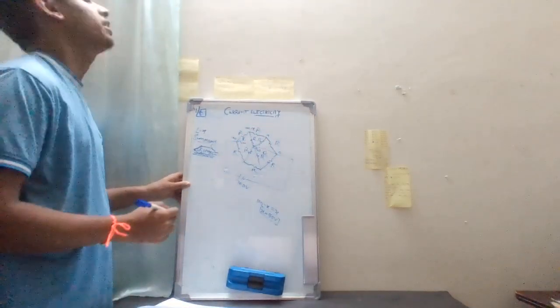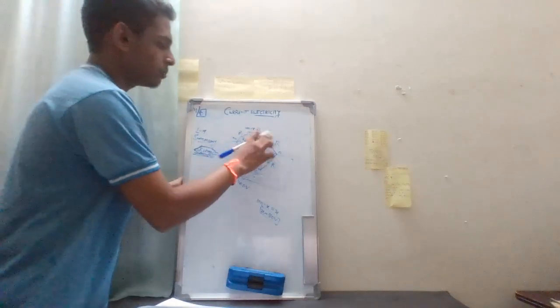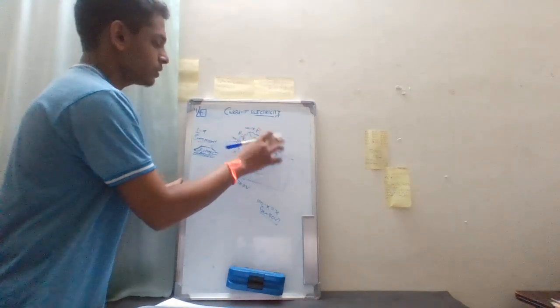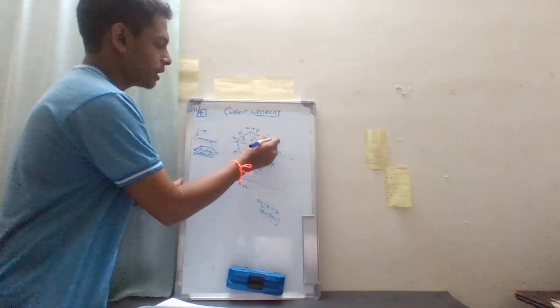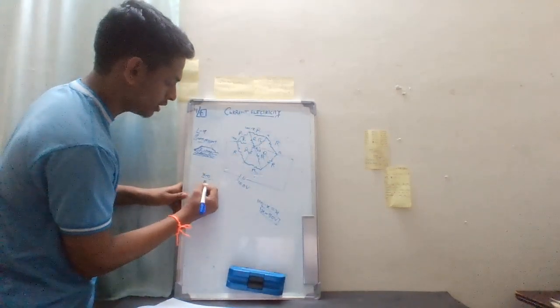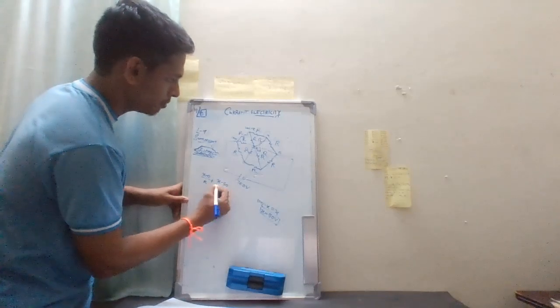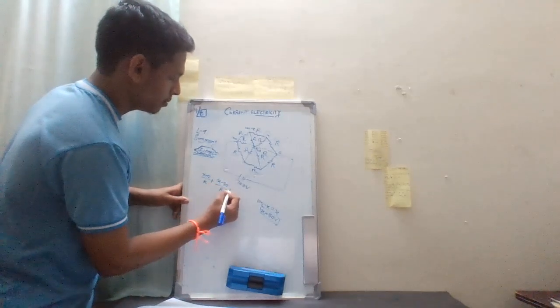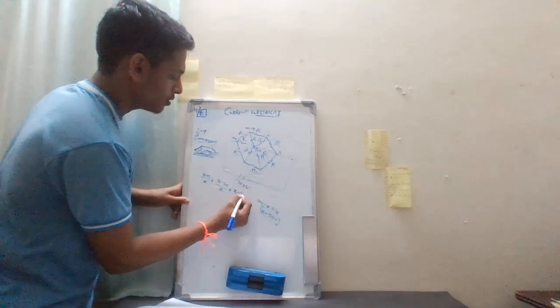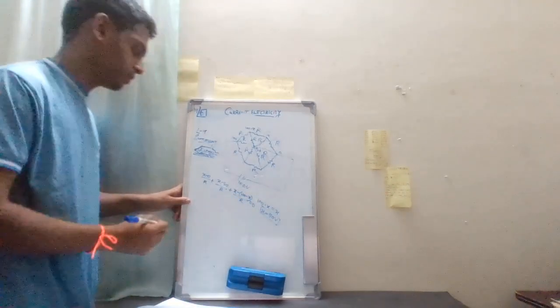So we'll just apply KCL here. We'll apply KCL here. So that would be x minus 0 by r plus x minus 50 by r plus x minus 100 minus x by r equal to 0.